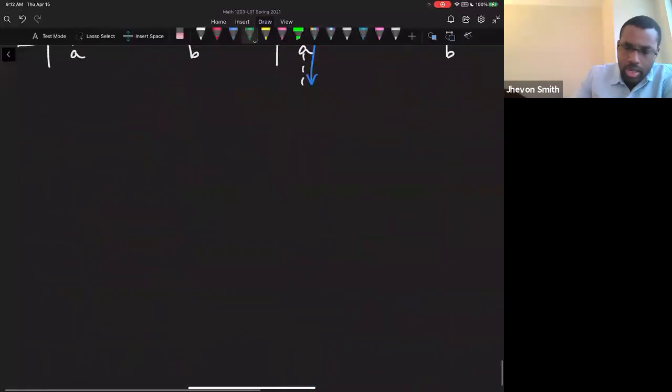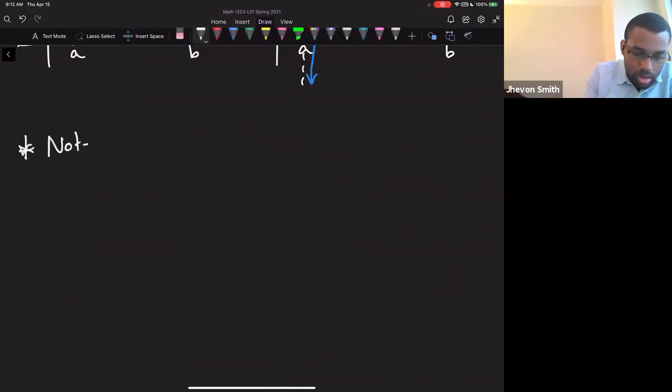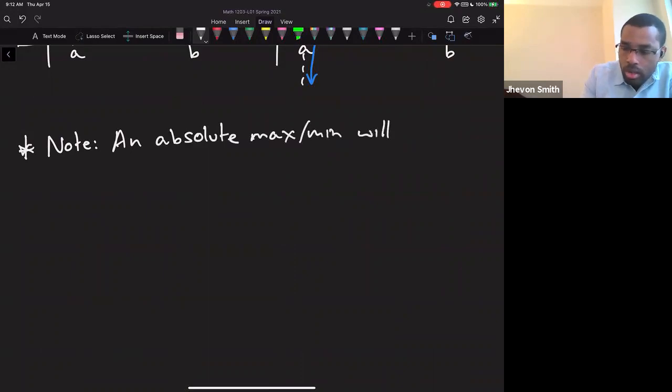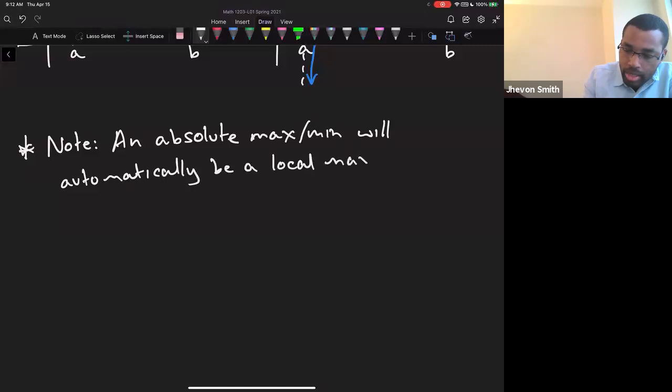I will make another note here, just so we're clear. An absolute max or min will automatically be a local max or min, but not the other way around.